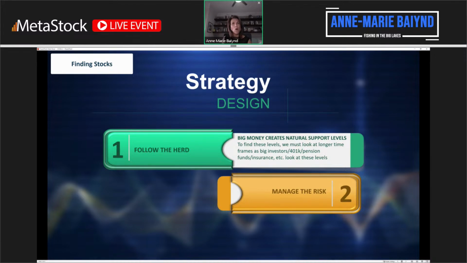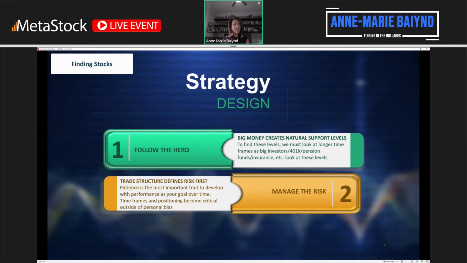And so when big money moves, it tells us a lot about what we ought to be doing. And here's something super important. To manage risk, you need to have patience. A lot of us jump into the markets and we go, hey, I'm just going to trade this and I'm going to have a 2% stop. The market doesn't care what your stop percentage is.